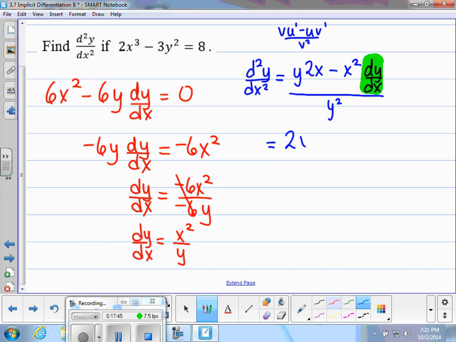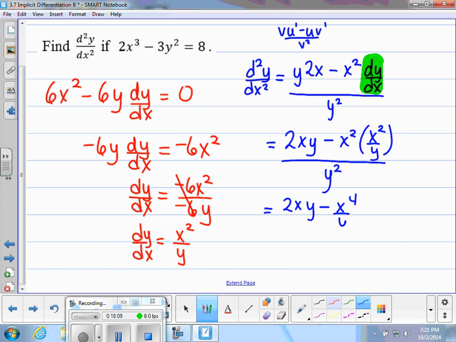This will be 2x times y minus x squared, but that's being multiplied by x squared over y, and then over y squared. Now, as you can see, I have fractions now inside fractions. So I need common denominators all the way around. Okay? So I have 2xy minus x to the 4th over y.